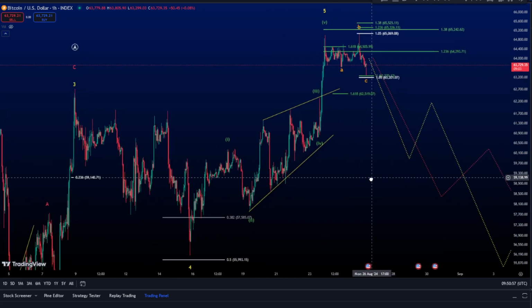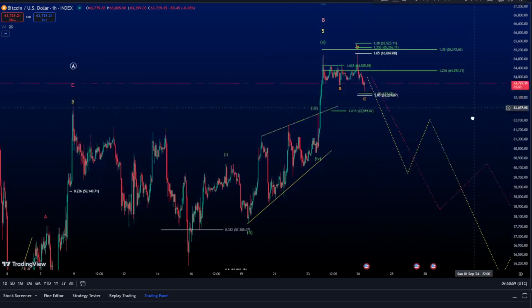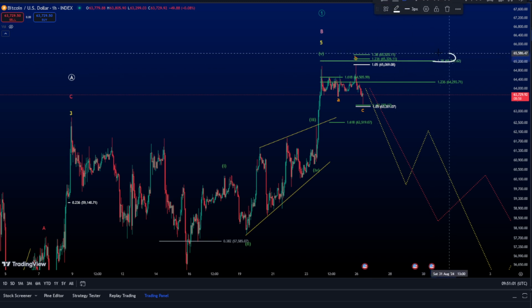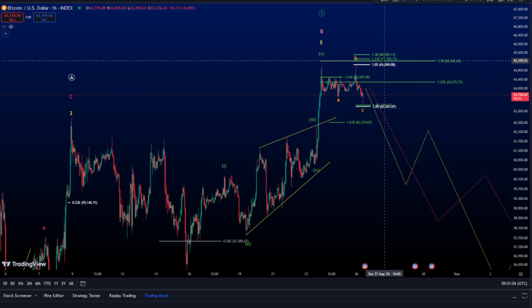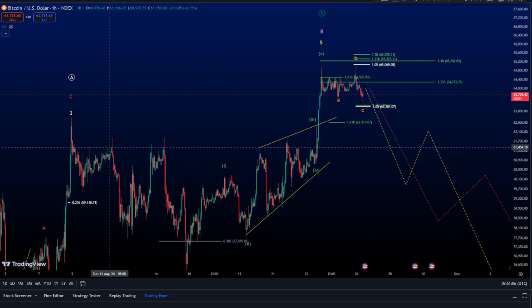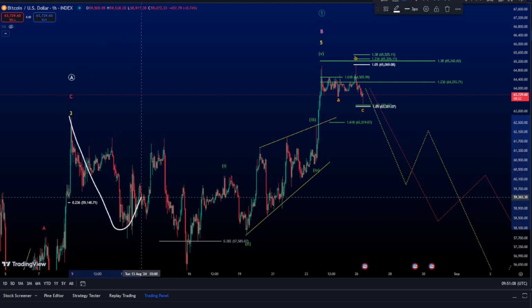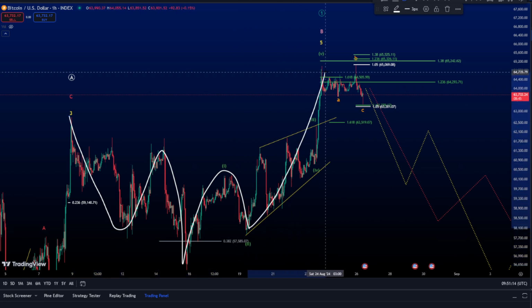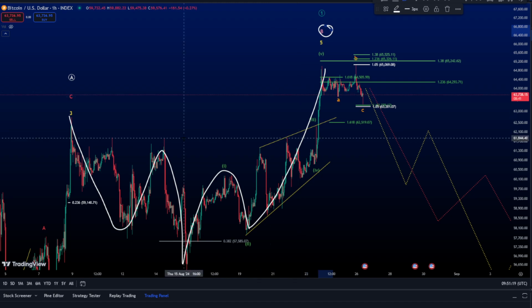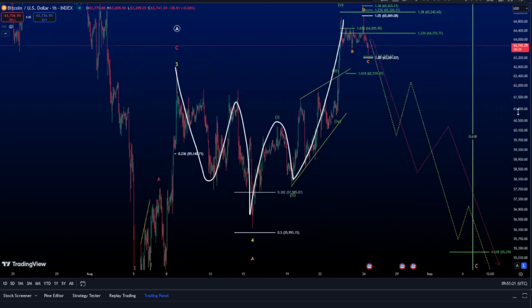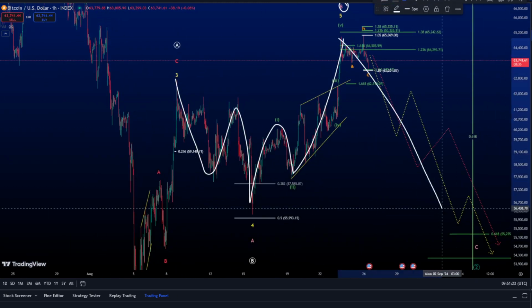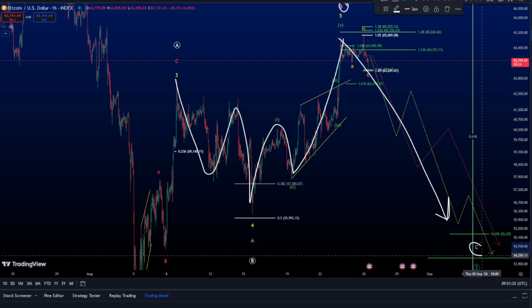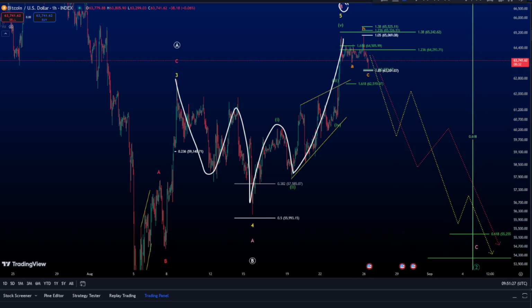And as I mentioned before, be careful that if we reach higher highs directly from there, we might be in a bearish scenario where we are looking for an A here for 3 waves and a B, where you have A, B, and this is an impulse finishing a wave C in 3 waves, finishing the wave B here. And then we are looking, of course, for an impulse towards the downside, finishing the wave C here, as you can see.